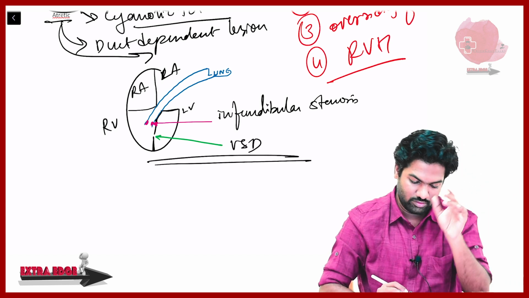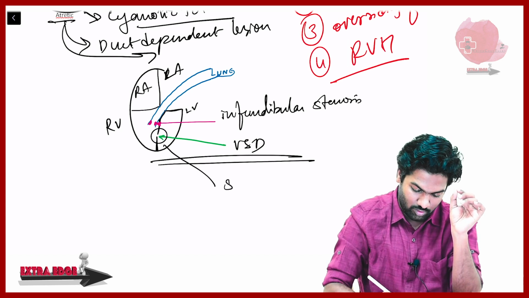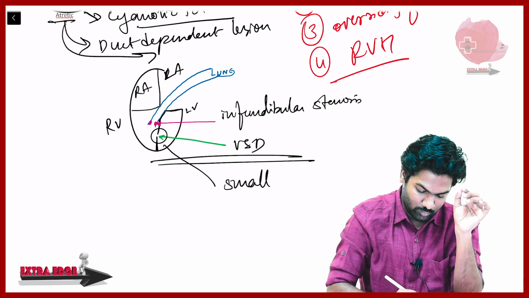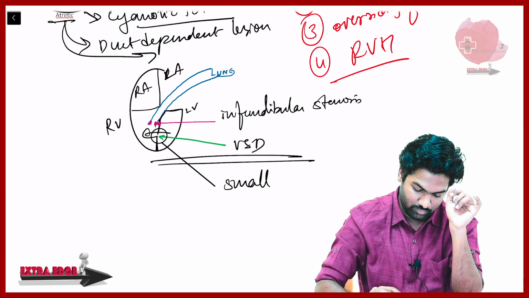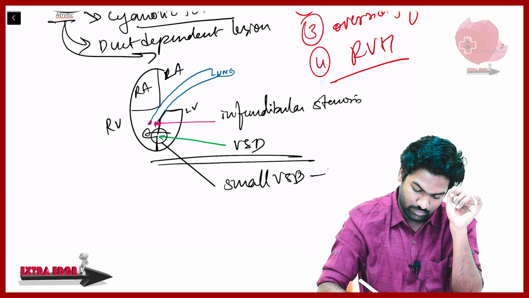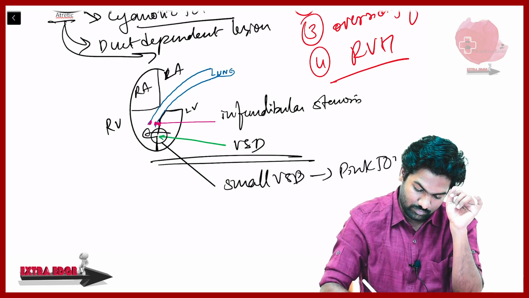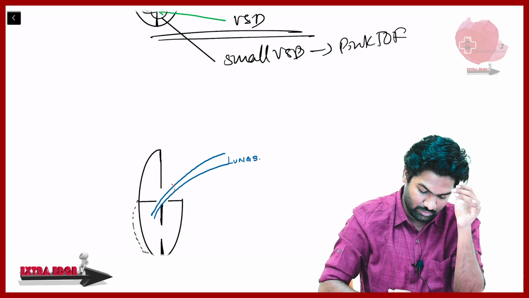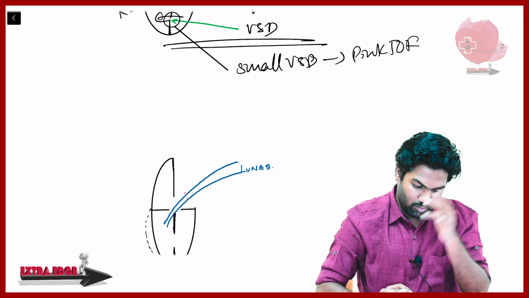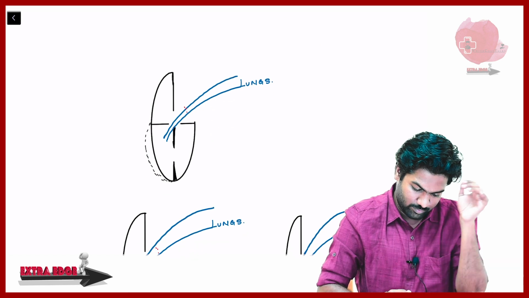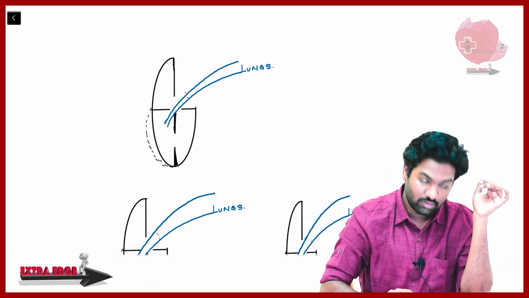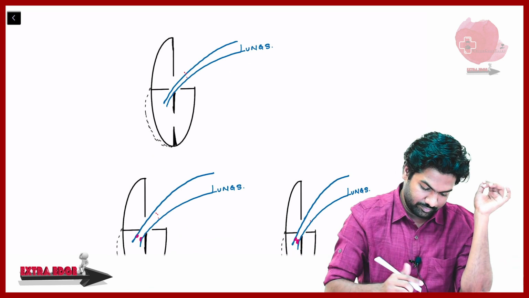Here I have shown the VSD is very small. Once the VSD is very small, it will start behaving like pink TOF. Now once I have explained this, we'll see what happens to the changes here.